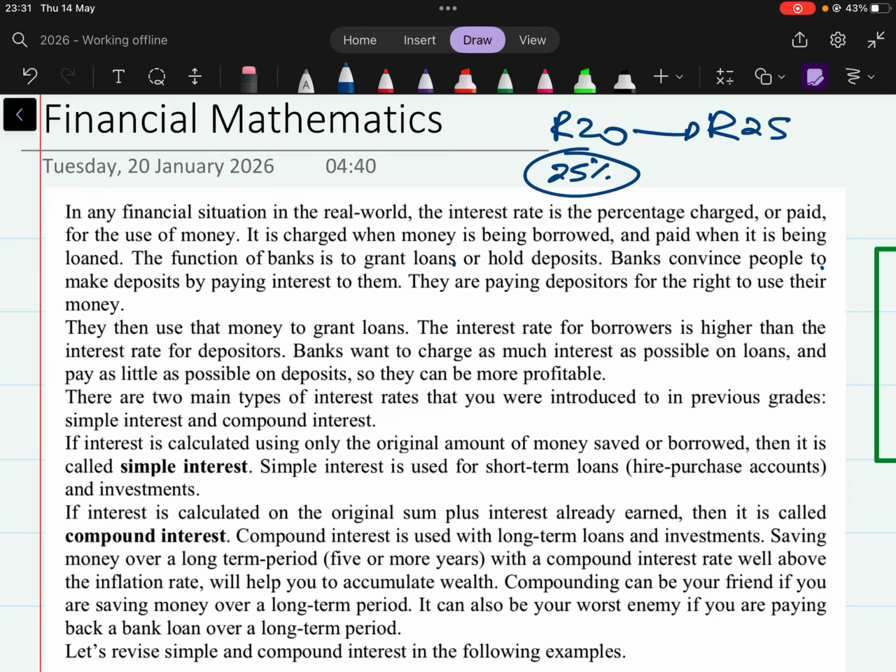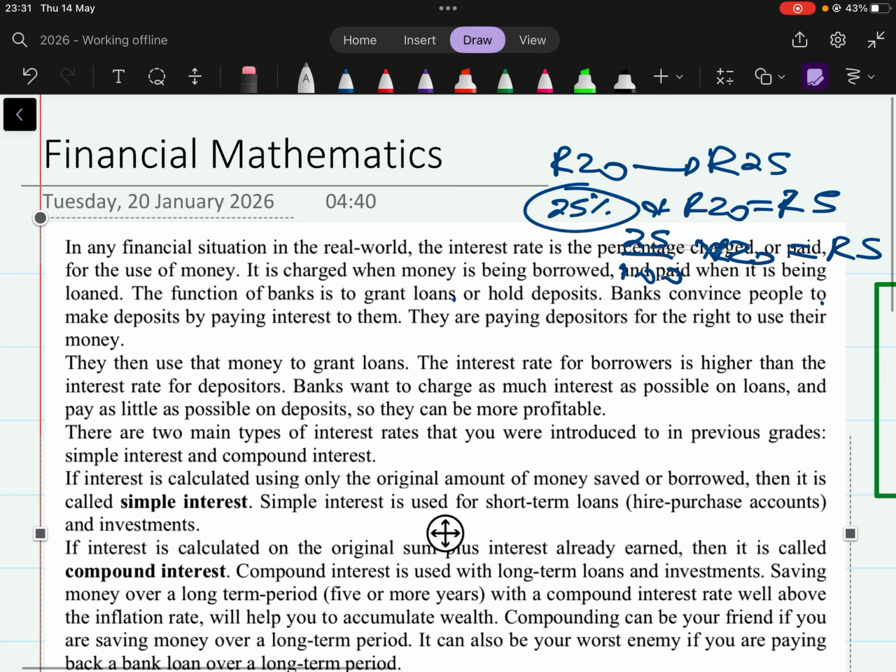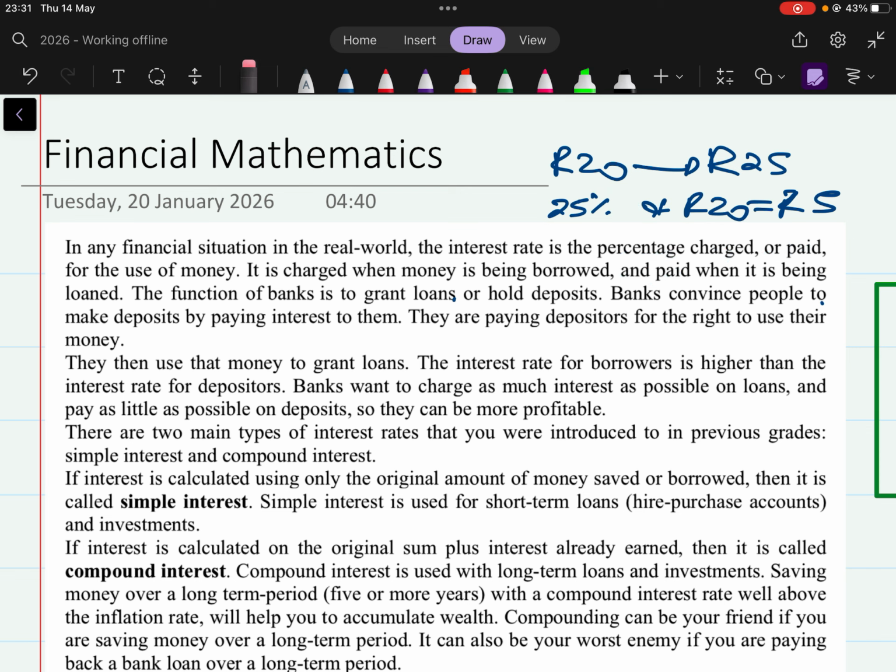So 25% of 20 rand is equal to 5 rand, because you're basically saying 25 divided by 100 multiplied by 20, and that gives you 5 rand. I hope you understand how I made this quick calculation, but that was just for explaining this first line. We still have a number of things to cover on this introduction, so let's get back into it.